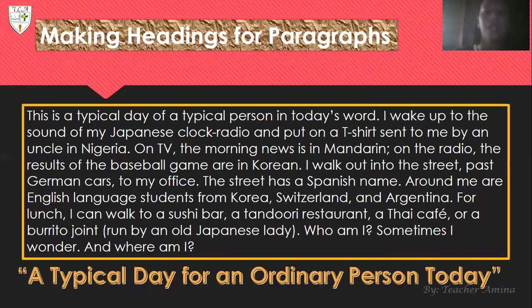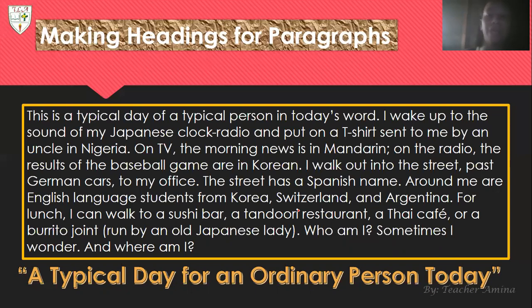Okay, let's read this heading here: A typical day for an ordinary person today. Do you think that this is an appropriate heading for this paragraph? Okay, that's right. Because this paragraph talks about a typical day for an ordinary person.